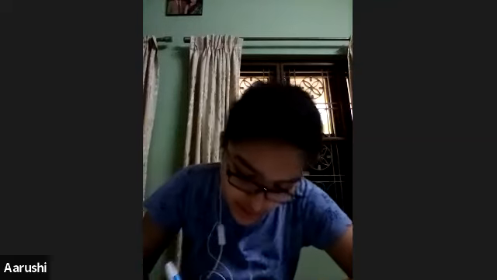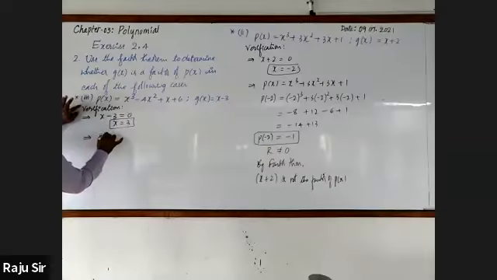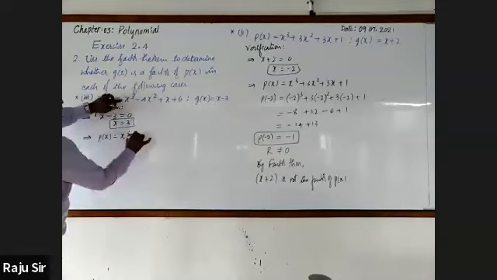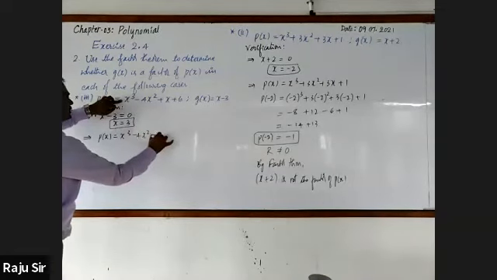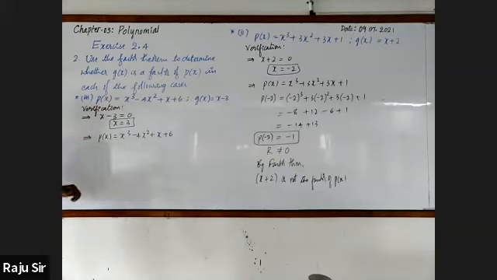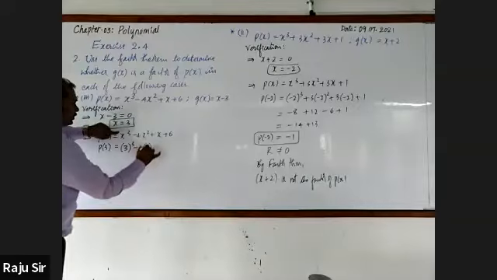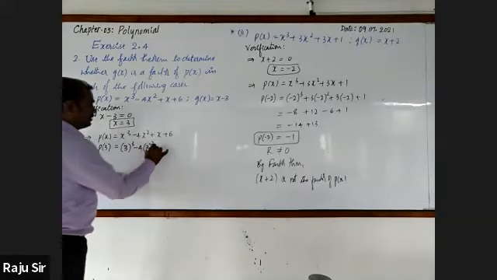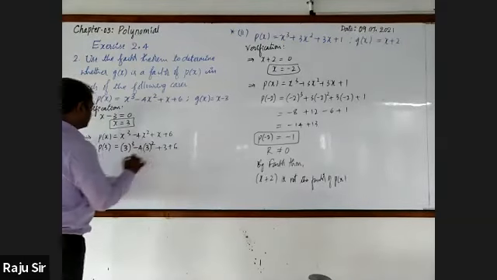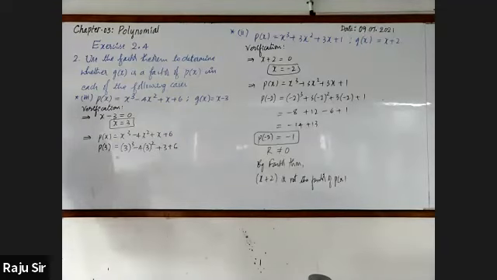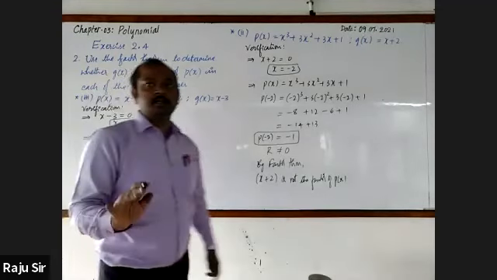Given P of x is x cube minus 4 into x square plus x plus 6. Substitute 3 in place of x. P of 3 is equal to 3 whole cube minus 4 into 3 whole square plus 3 plus 6.